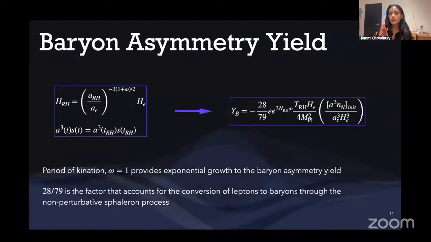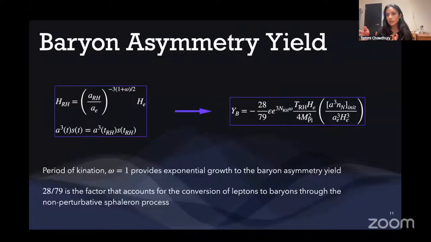And this prefactor of 28/79 accounts for the conversion between the lepton asymmetry generated from the decays of the right-handed neutrinos, which is then converted into the baryon asymmetry through the non-perturbative effects of the sphaleron process.